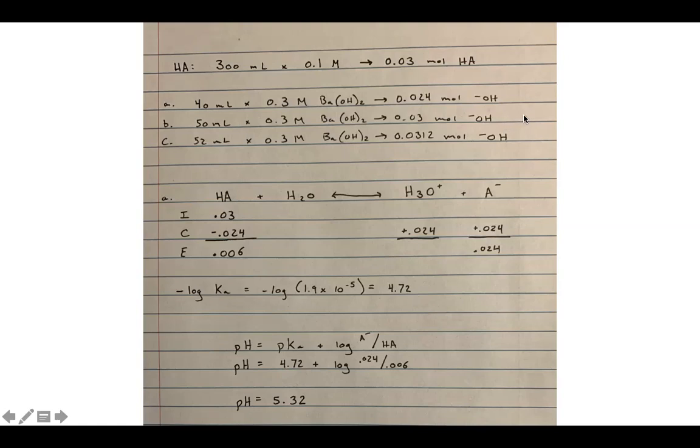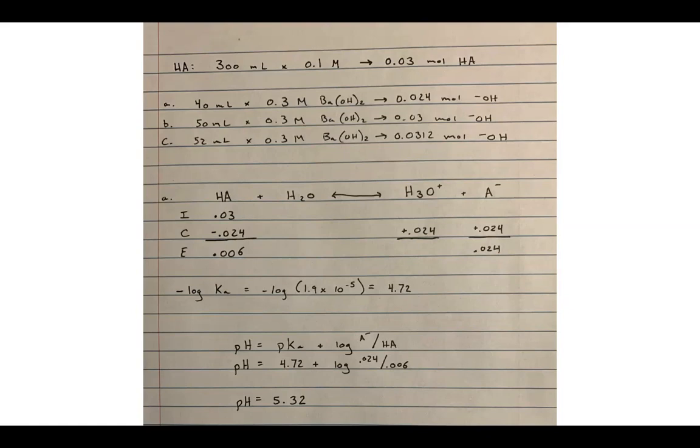So part B corresponds to at the equivalence point. And then in part C, we have more moles of hydroxide than our amount of weak acid. And so we are past the equivalence point. Okay, and we're going to solve all three of these scenarios differently. So that's why it's really important to figure out which scenario you are in.